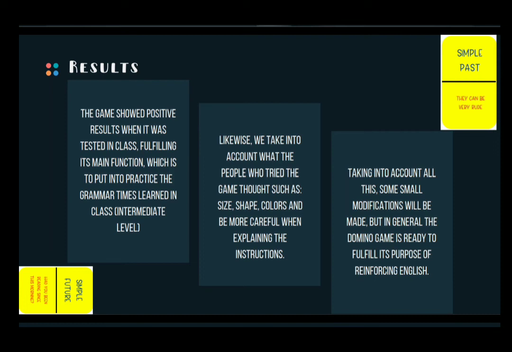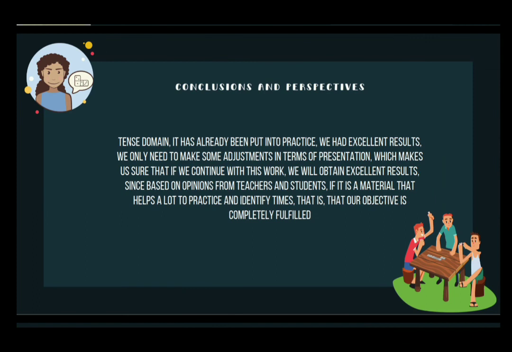So, taking into account all this, some small modifications will be made, but in general, the domino game is ready to fulfill its purpose of reinforcing English. Thanks to that, it has already been put into practice. We had excellent results. We only need to make some adjustments in terms of presentation.